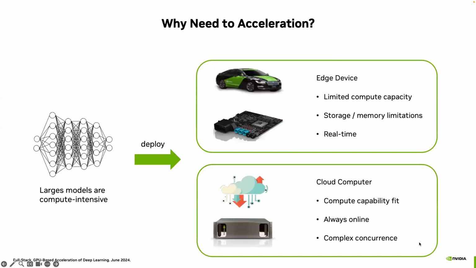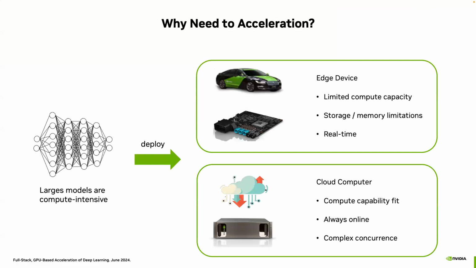Yeah, so back to this, deploying this kind of model will be quite challenging. When it comes to the edge device, as I just mentioned, for real-time systems you probably need to compress the model to get more efficient inference, so you can get a real-time response.